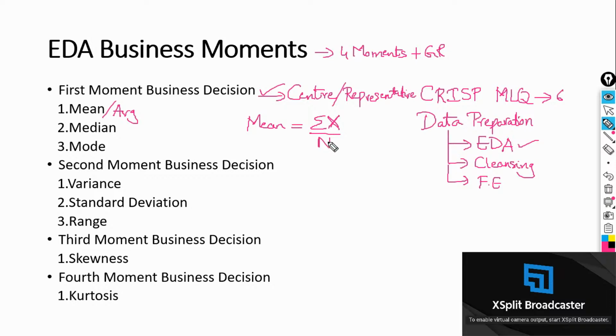Good. How do we represent mean as per statistics? Using mu. Using mu, we represent mean.